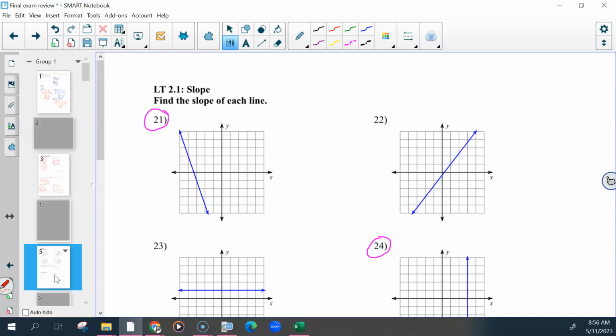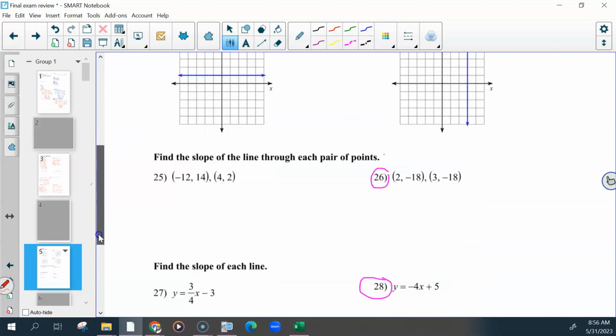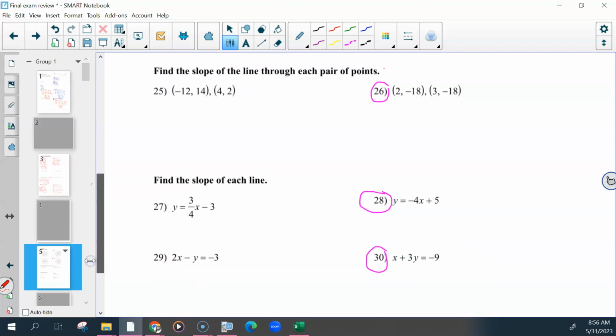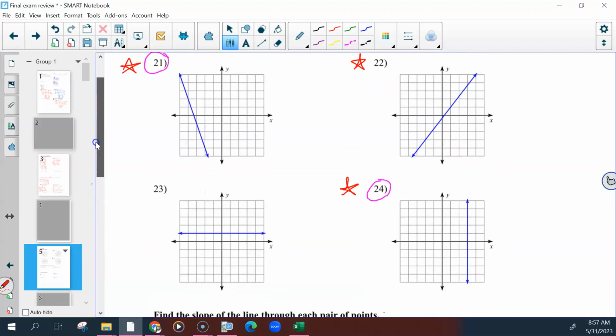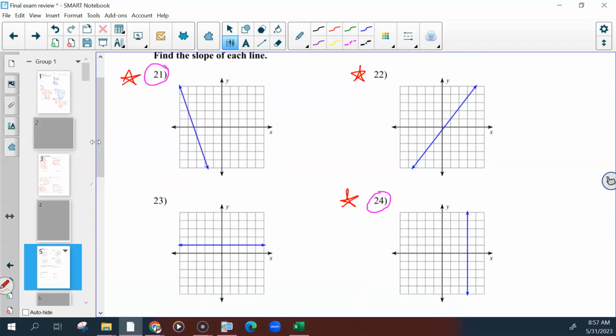Which of those do we want to go over? We'll start with those, and then if we have others, we could do that.